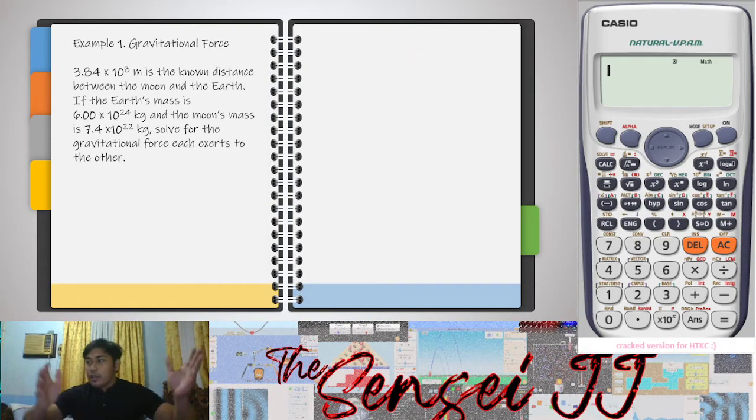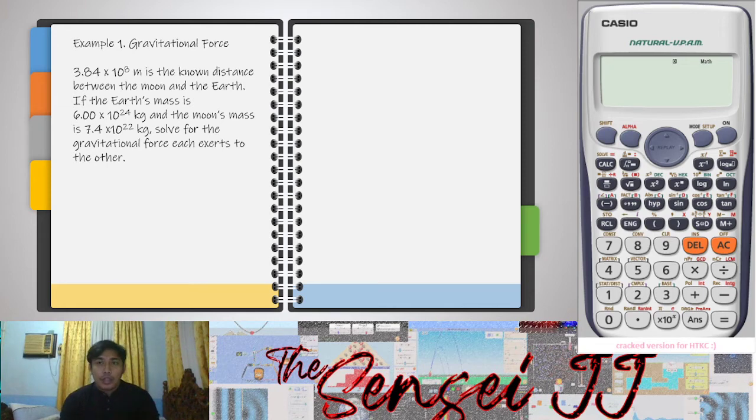For example, here we have an example problem. The first example: 3.884 times 10 raised to 8 meters is the known distance between the moon and the earth. If you think about it, it looks a little short, it is just multiplied to 8.